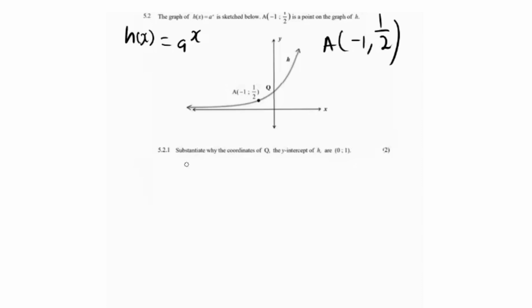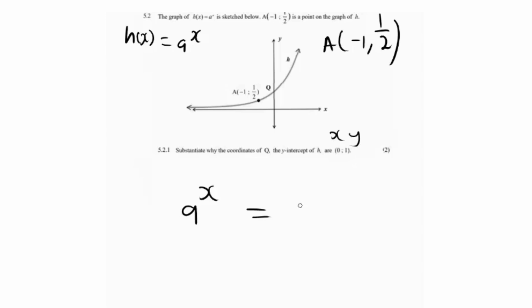Now substitute. The coordinates of Q, the y-intercept, is h of 0. Remember, when they say substitute, let's do this by substitution. We are given h of x, and we know that it's x and it's y.